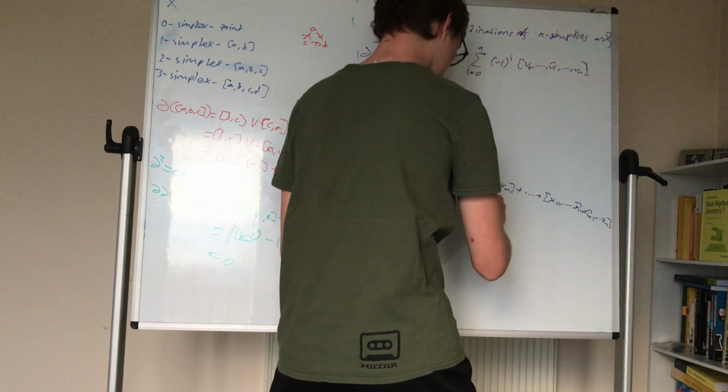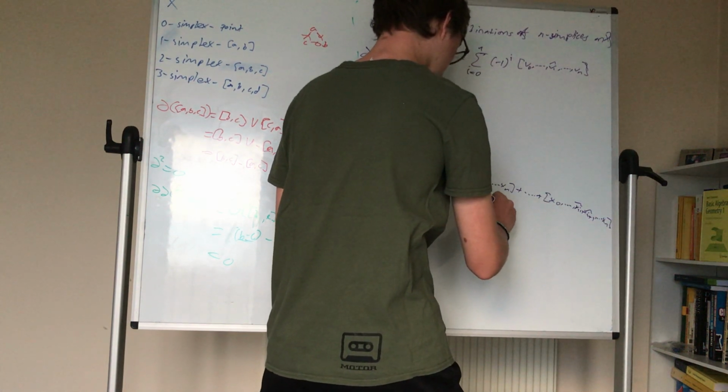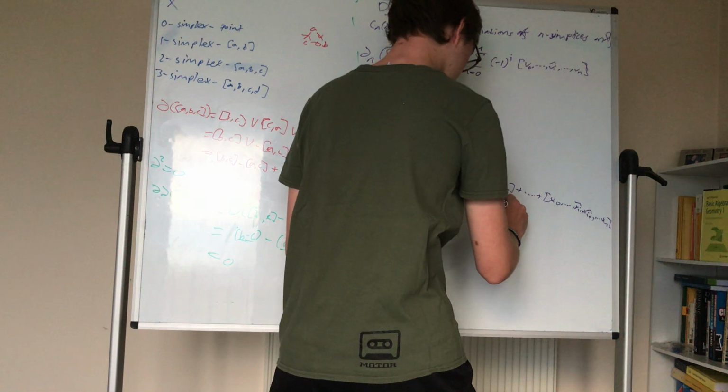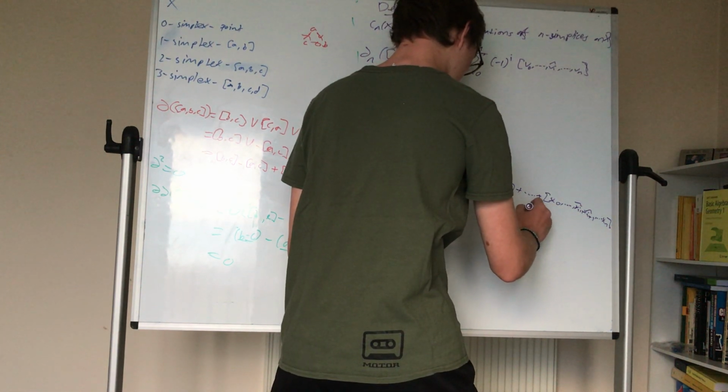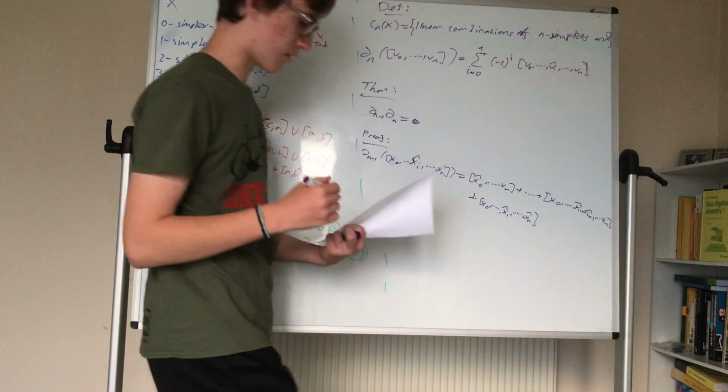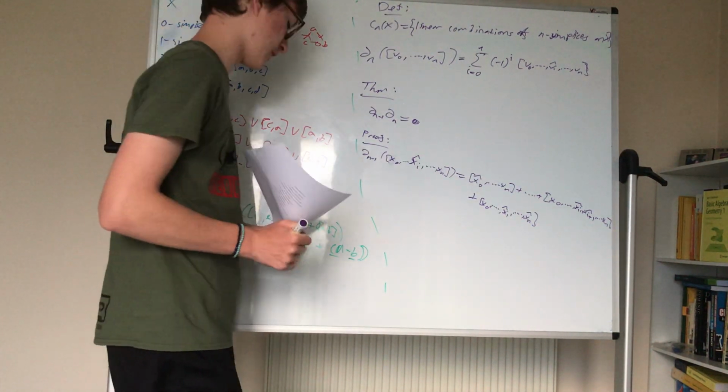And then we have plus x0 up until xi hat up until xn hat. Now, why have I split it up in this way?